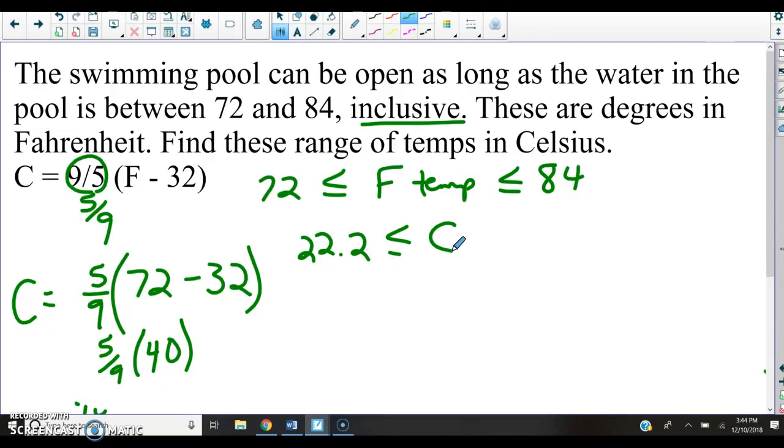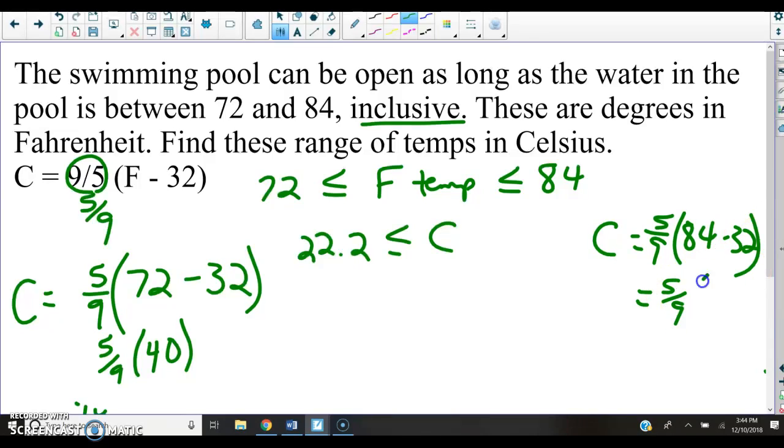And then I have to do the same thing for the 84. So 5/9, 84 minus 32 would be 5/9 times 52. And that's 28.9 actually, 888.